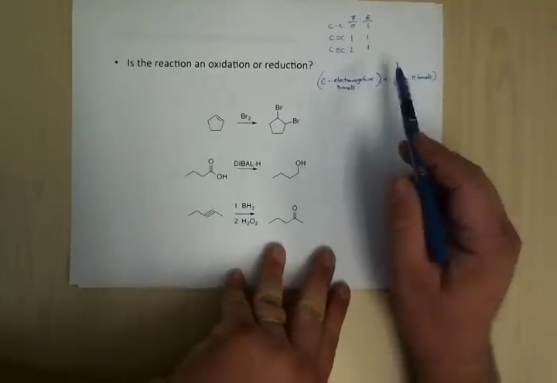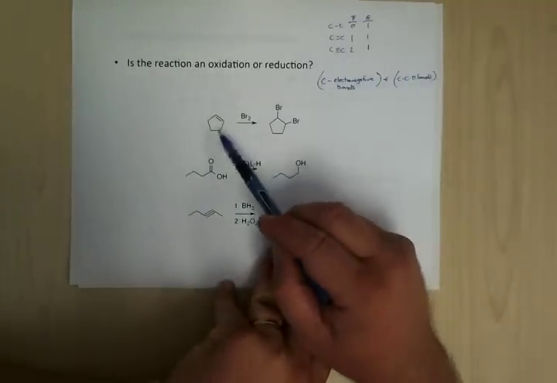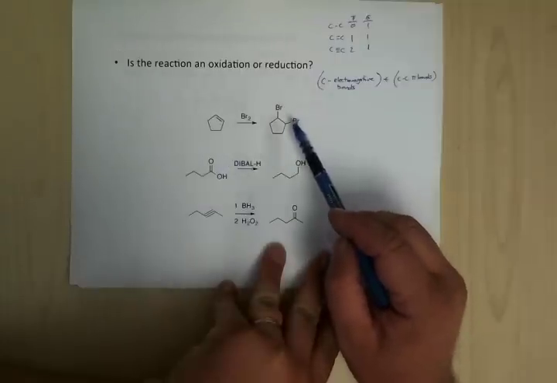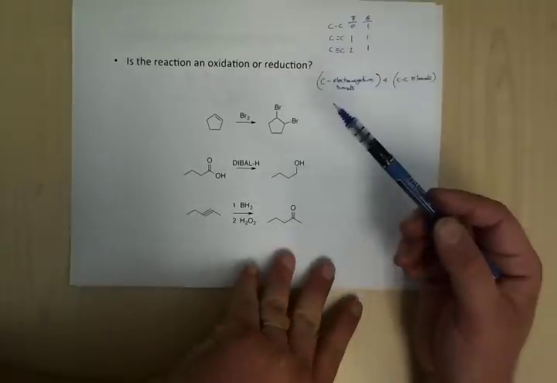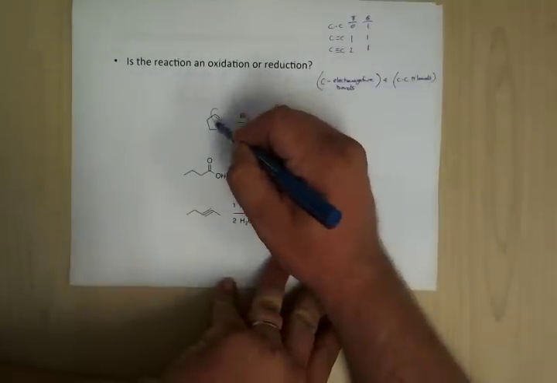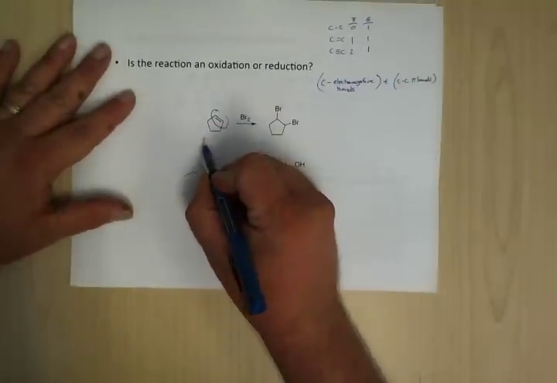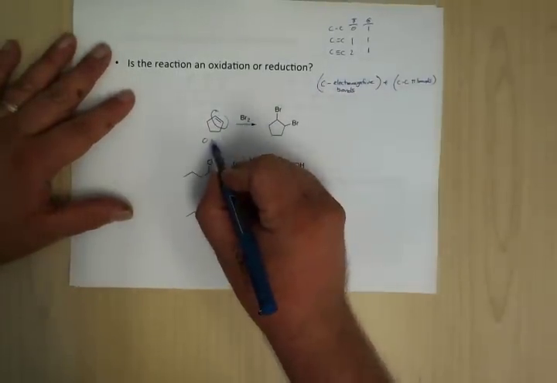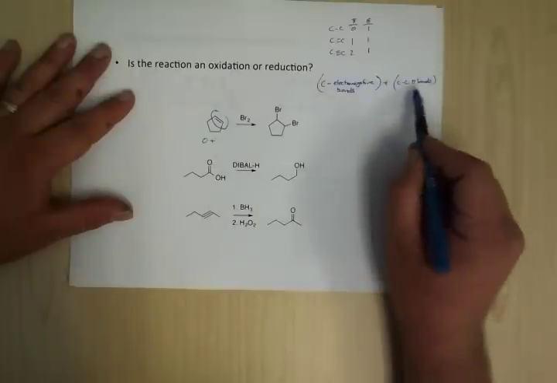Okay. So you're going to see if the number goes up. If the number goes up, it's going to be an oxidation. If it goes down, it's going to be a reduction. If it stays the same, there's no redox. So for this one here, we have no carbon-electronegative bonds, and then we're going to add to it. So how many pi bonds here?